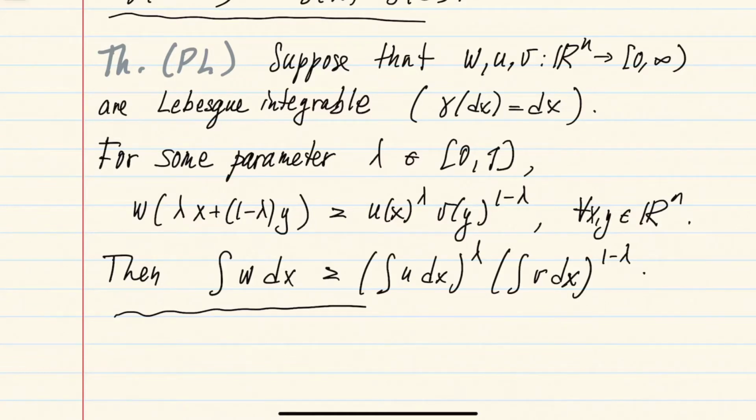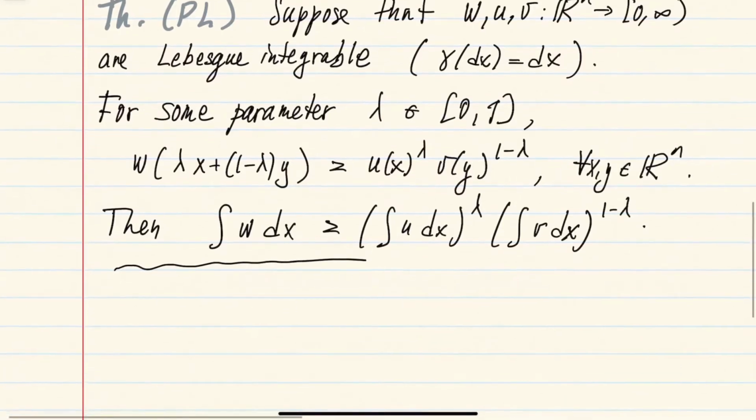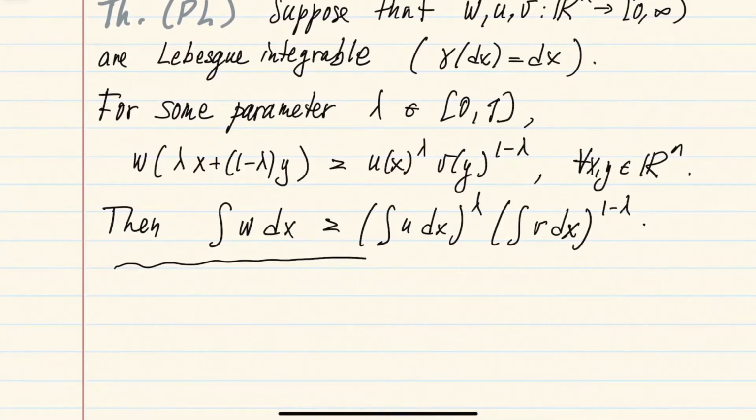Okay, so the way that this inequality is proved is, first of all, you have to consider the case n equals 1. So you prove this on the real line. And once you have this result on the real line, you just use induction on n.